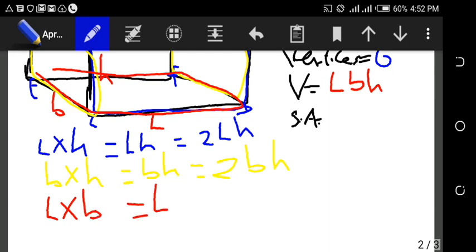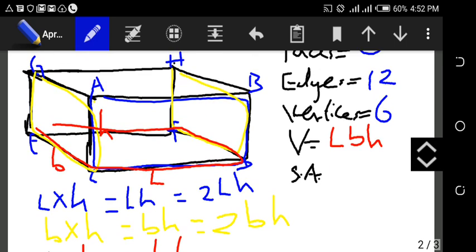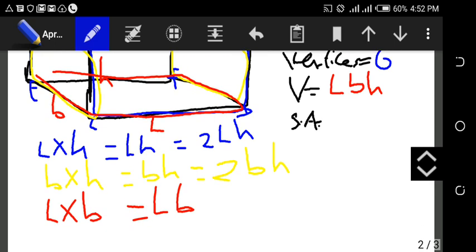That will give us LB, and because we have two of that face, the bottom and the topmost part of it, that will give us 2LB.